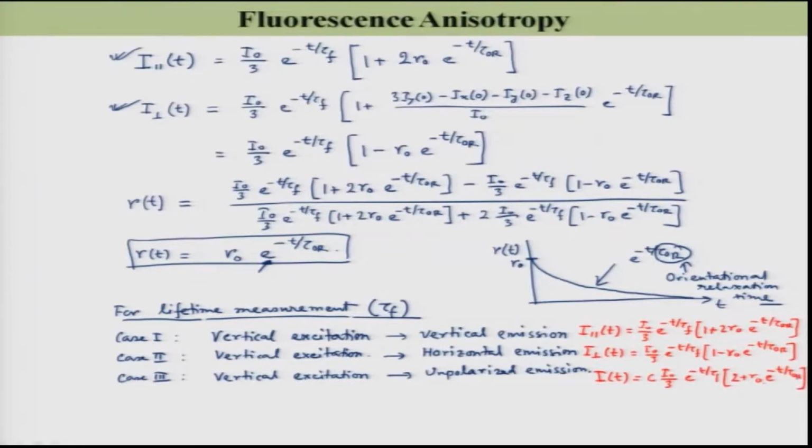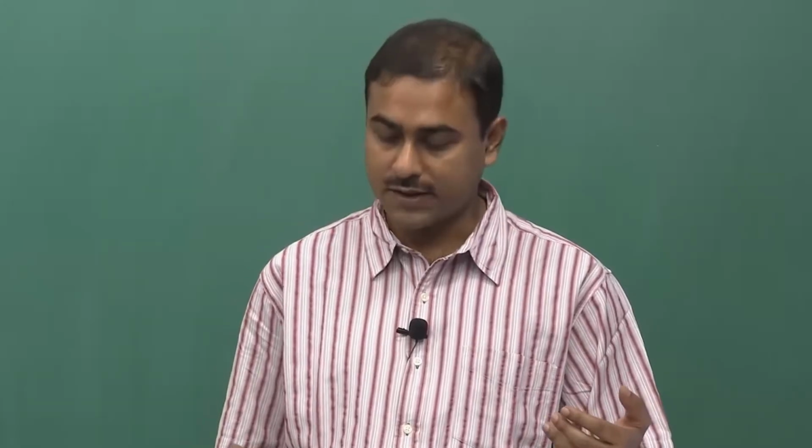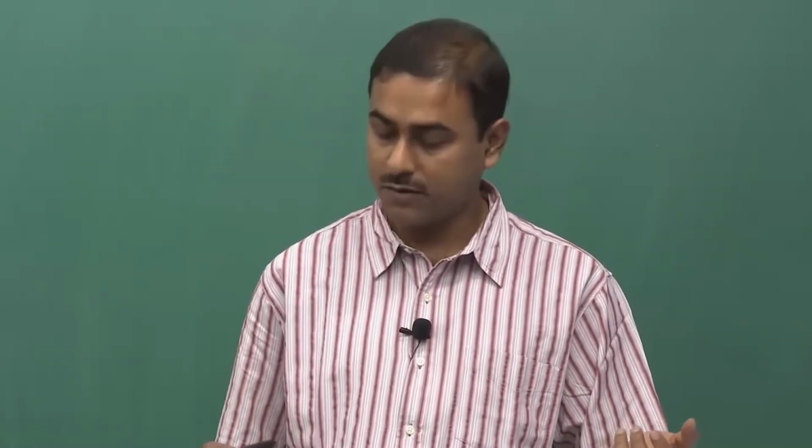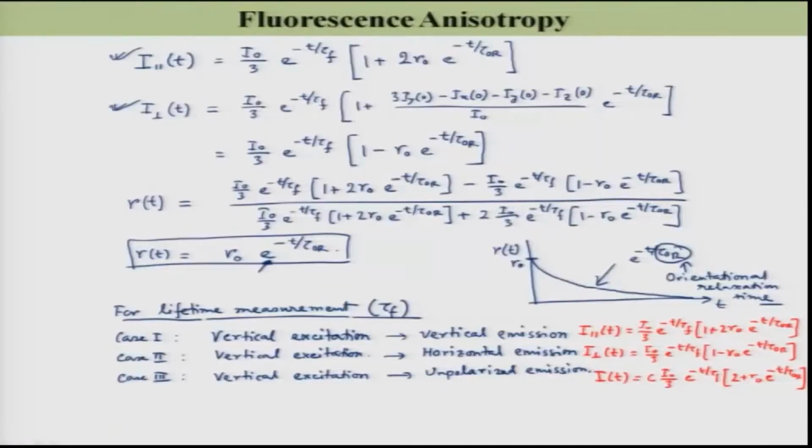Now, you see in all these three cases, these three cases are possible. In all of them, you wanted to measure the tau f, but you end up with the measurement of such kind of complex expression. See here tau f is present, here you have this tau f, here you have this tau r, here you have this tau f, here you have the tau r, and here also this tau f and this tau r.